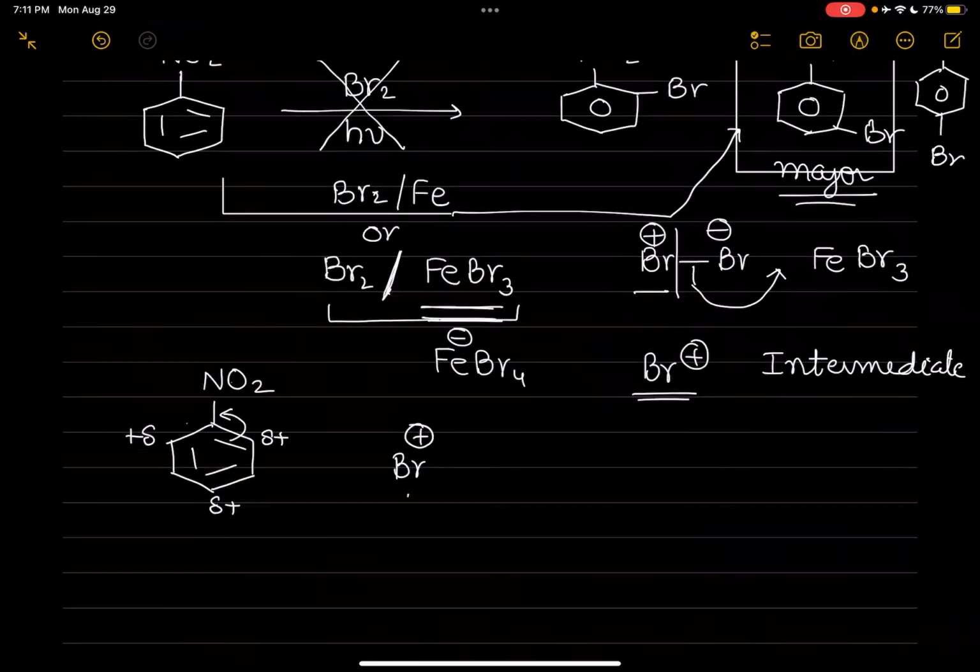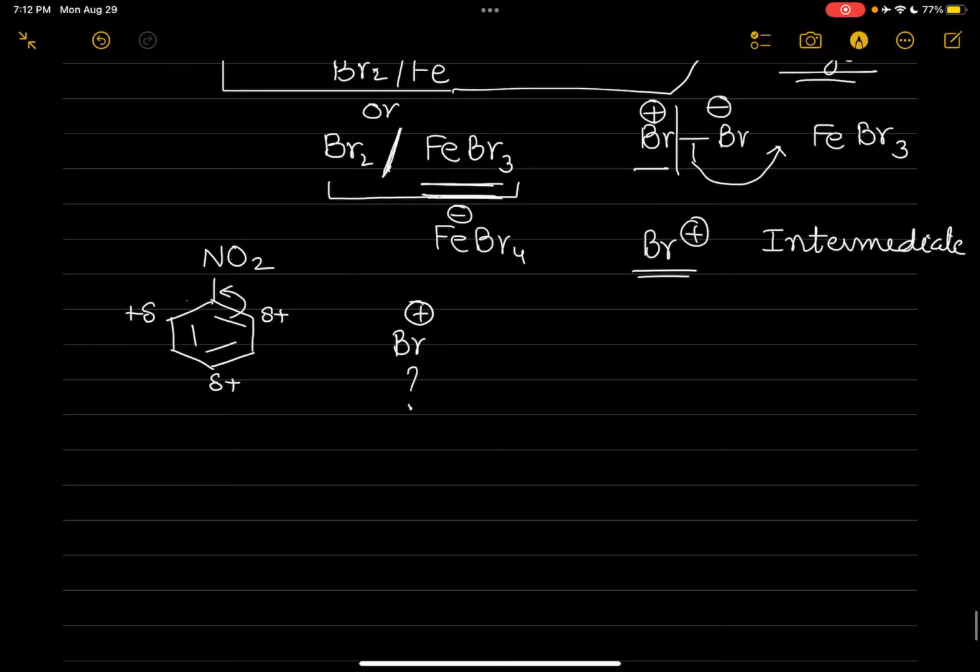So where should I put my Br? Where will it be connected more easily? The meta position. Because if it approaches the positive charge at ortho or para, it will be repelled away because same charges repel.